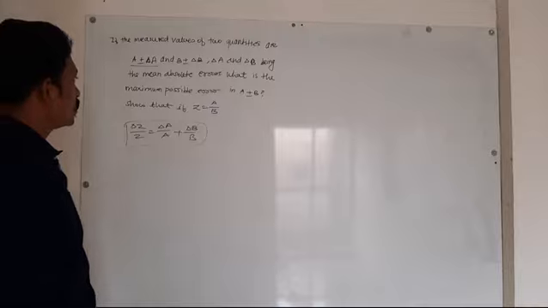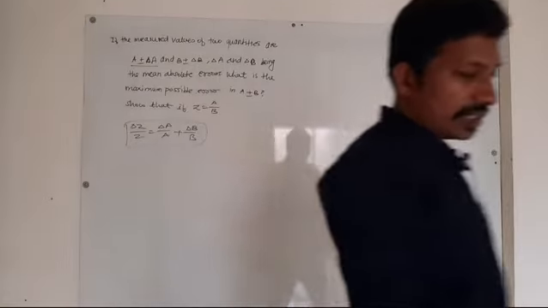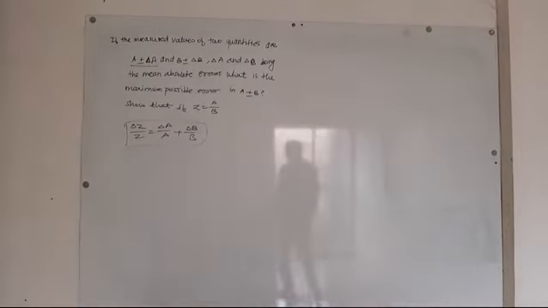Show that if Z is equal to A upon B, then delta Z upon Z is equal to delta A upon A plus delta B upon B.